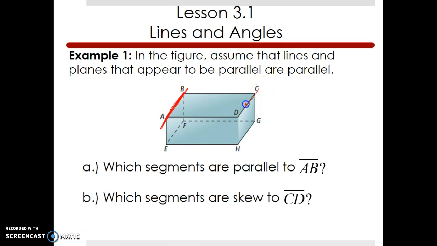So if I see here, CD goes in the same direction and does not intersect. EF here, same thing. Line segment EF and GH.